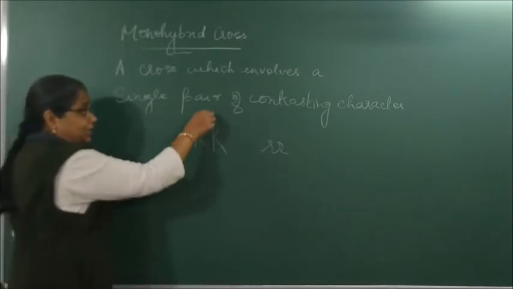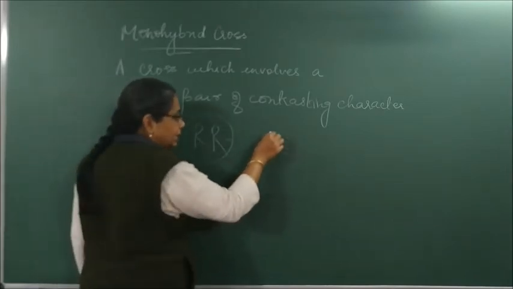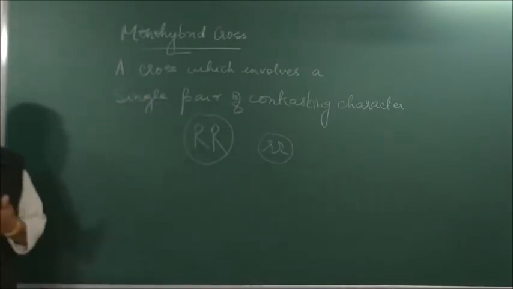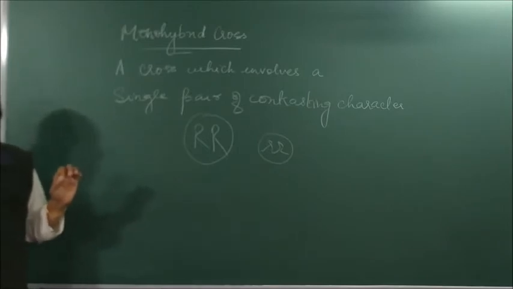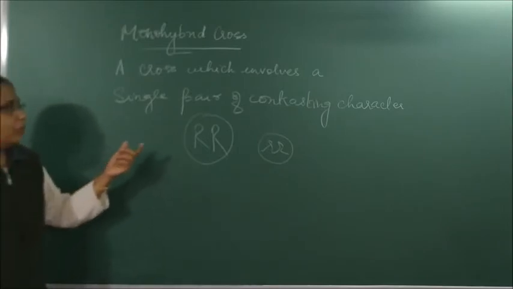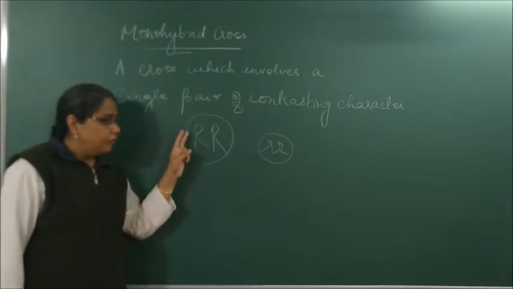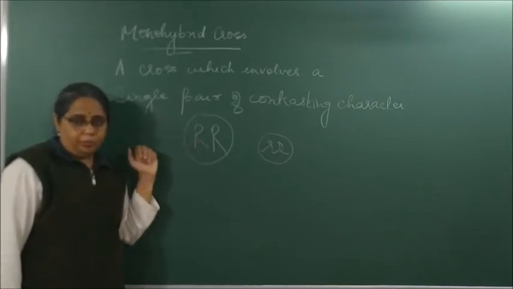The character which is dominant is written in capital letters, and the character which is not dominant is written in small letters. So if I have to represent any character, I will always do it with two alphabets, one from Mama, one from Appa. If both are tall, they are pure tall plants.